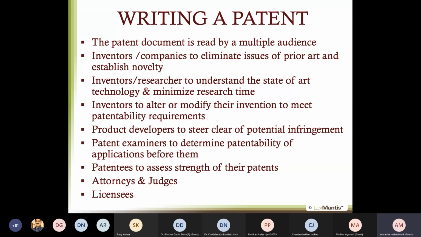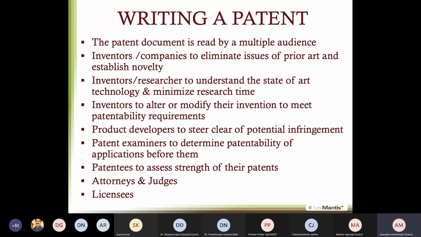Inventors, scientists, researchers would be reading your patent document. Most importantly, competitors would be reading your patent document to understand what your technology is and what they can do in terms of next steps. How can they innovate and come out with a better technology?